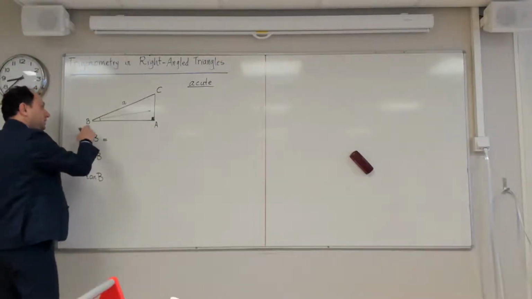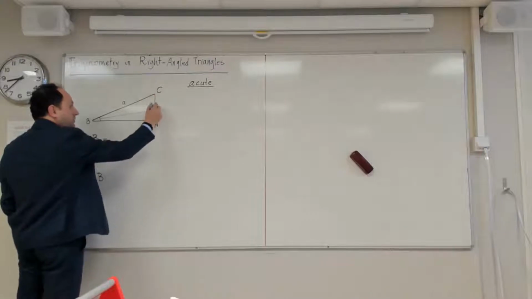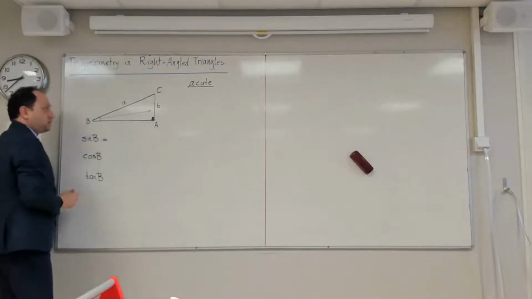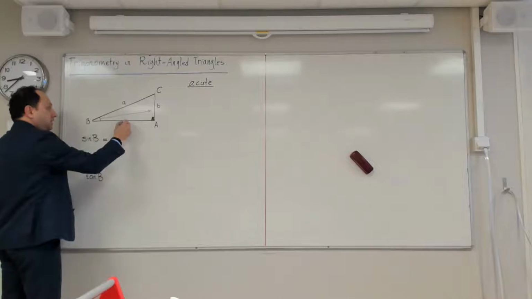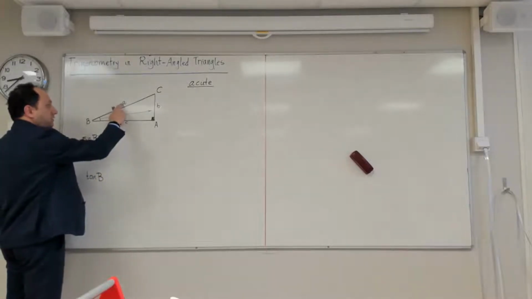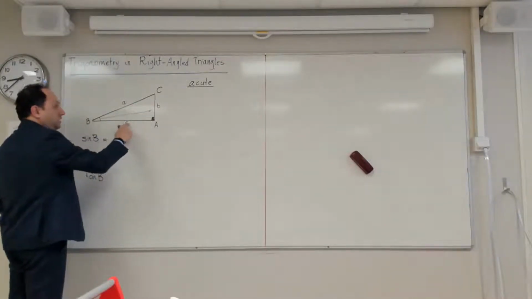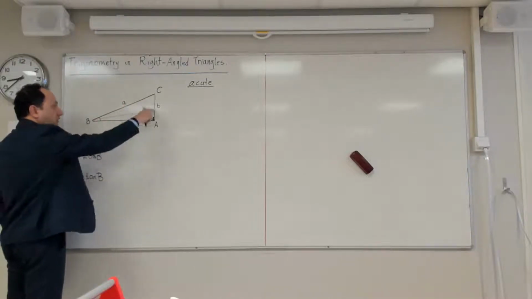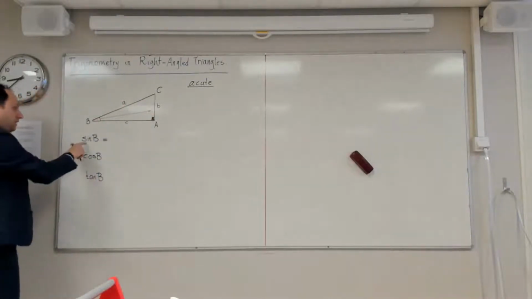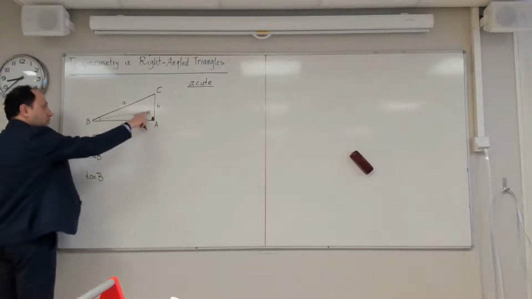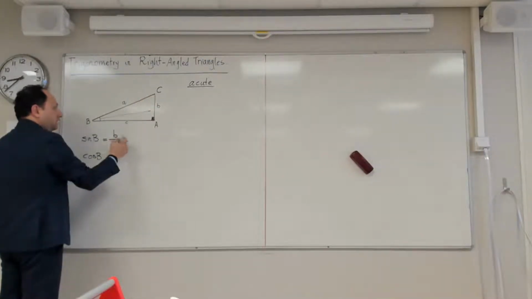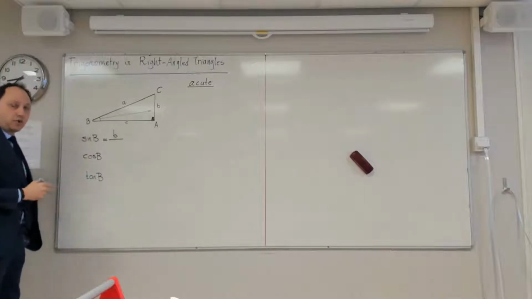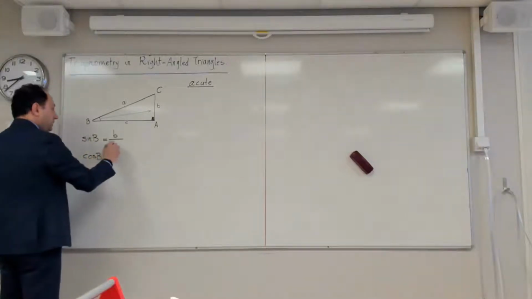And then if this is B, the length of the opposite side is denoted by a small b, and the same thing here for C. So if I ask you what are a, b, and c, you would say that these are the corresponding lengths of these sides. So if I am interested in sine of B, I go and measure the length of b, and I divide it by the length of the hypotenuse.